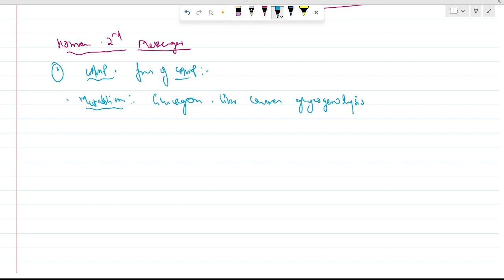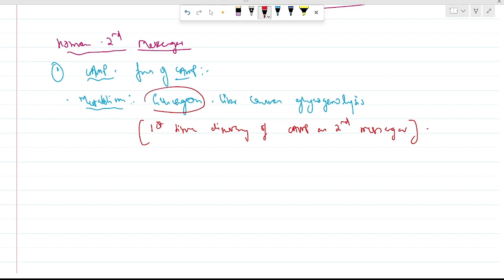This phenomenon of glucagon in the liver causing glycogenolysis is regarded as the first discovery of cAMP as a second messenger, where the action of glucagon in the liver causes glycogenolysis.